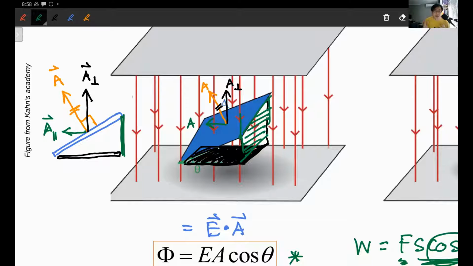Okay, so now it seems like the area itself can be thought of as a vector due to its orientation. And once the area turns into a vector, you can break a vector into two components. The components of the vector represent the projection. When I say projection, look at the black.